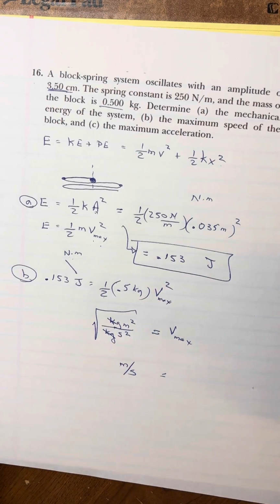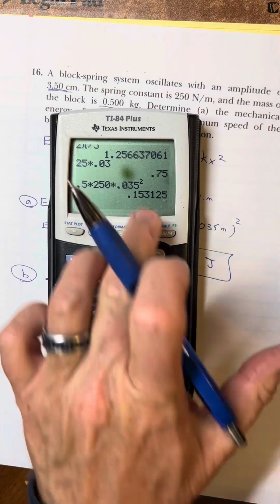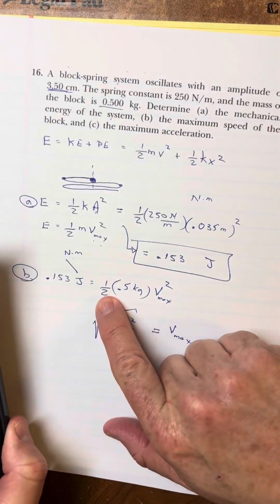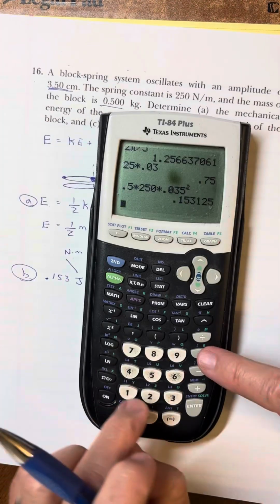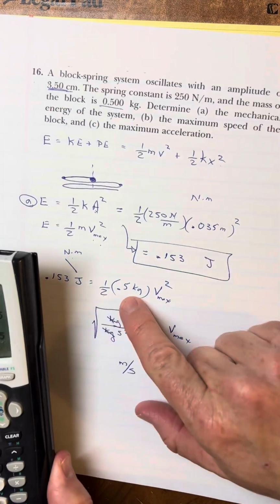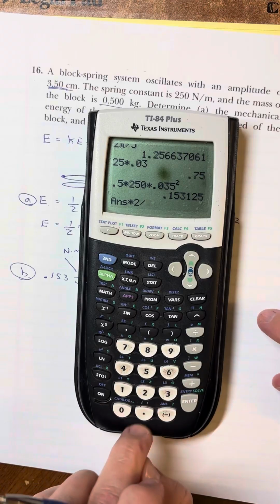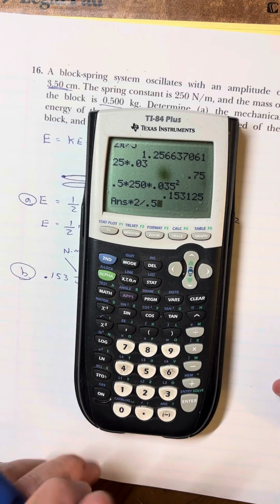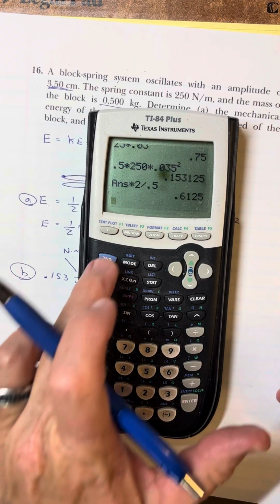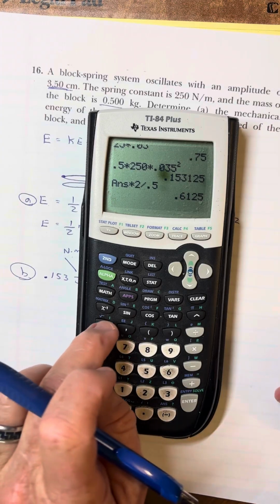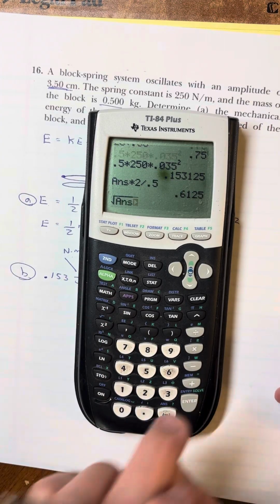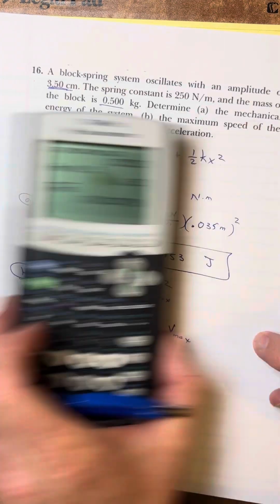Numerically, that's pretty easy. I've got the energy here. I would bring the 2 over, so times a 2, and then divided by a 0.5, and then a square root.